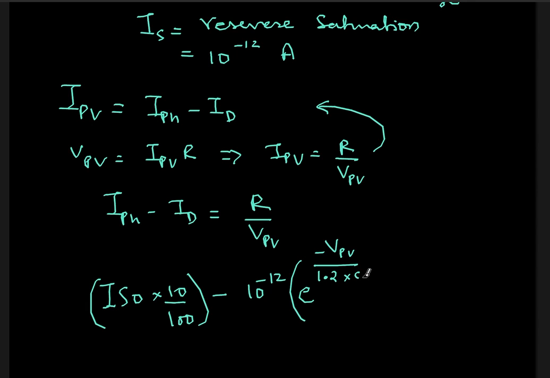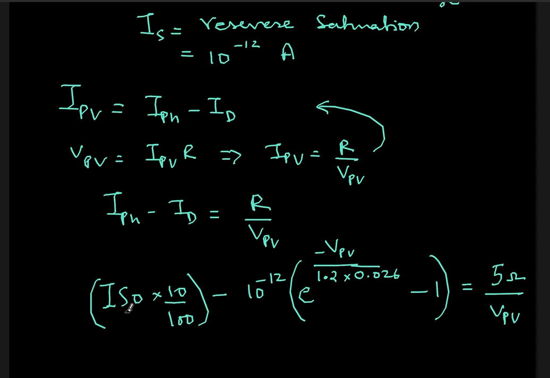So 26 millivolts means 0.026. And then minus 1 is equal to VPV divided by R. Let's take R equal to 5 ohms. So now you see this is one full equation.